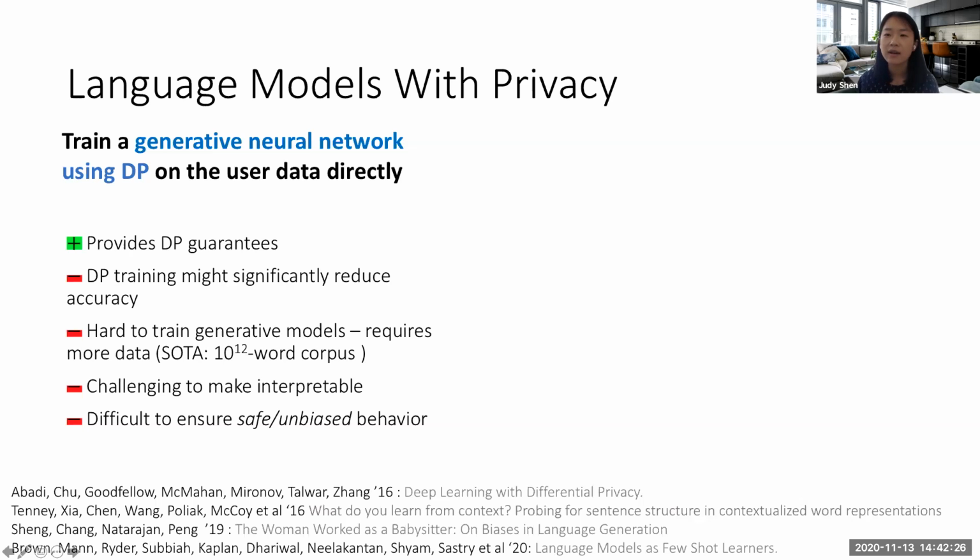Even beyond that, the general problem with these huge neural networks is that they're hard to train. For example, the state of the art is trained with a trillion word corpus. There are also challenges to applying it in the real world. For example, it's difficult to interpret. You can squint at attention weights, you can probe and try to understand why certain predictions are made, but overall it's an active area where NLP researchers are trying to figure out how to think about interpretability.